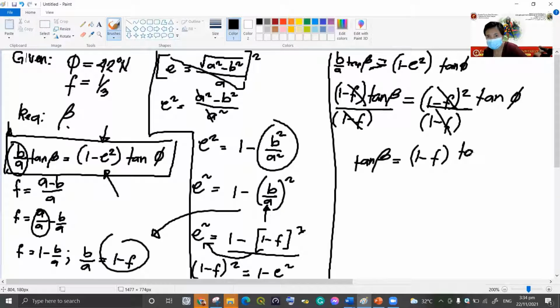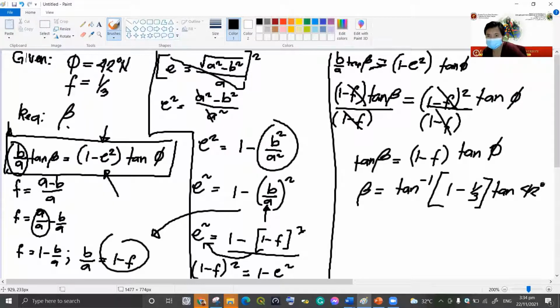And then the reduced is equal to arctan of (1 minus f, which is 1/3) times tangent of phi, 42 degrees.